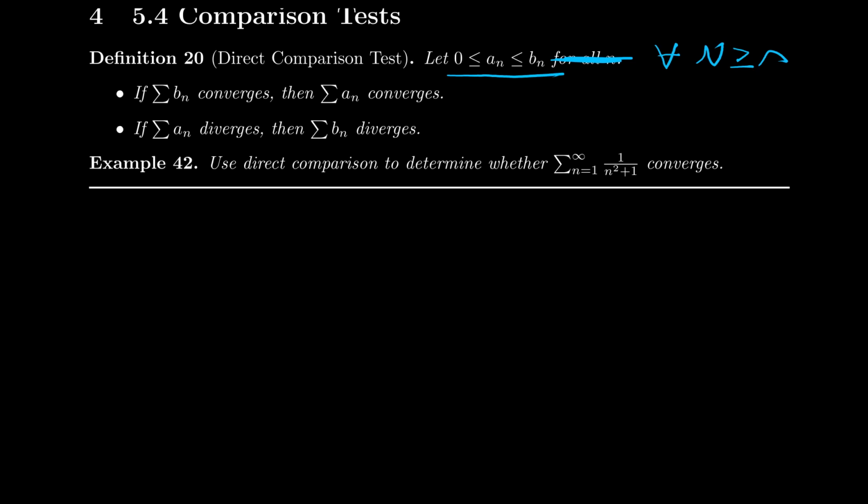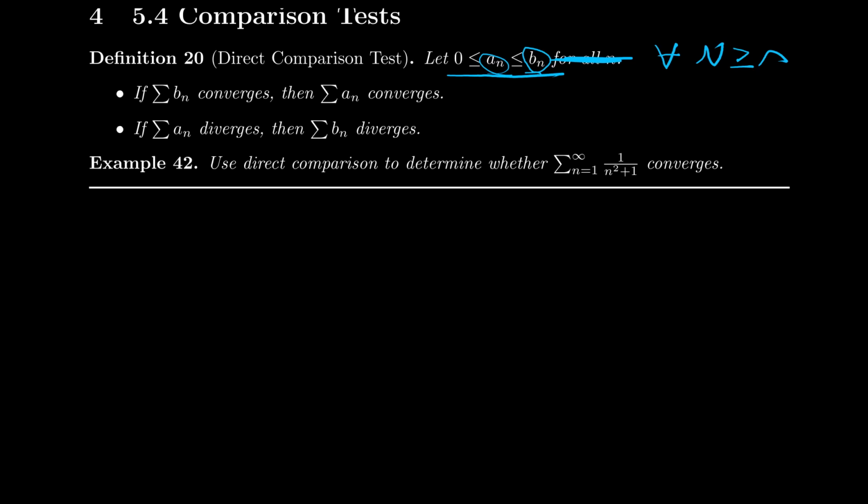That is eventually. At some point this is true, and then it's true forevermore. So at some point you've got two sequences, and the terms in the second one are bigger than the terms in the first one. And at some point in the sequence, it's true, and then it's true beyond then. For all n is a stronger requirement than you need, but it's also true.